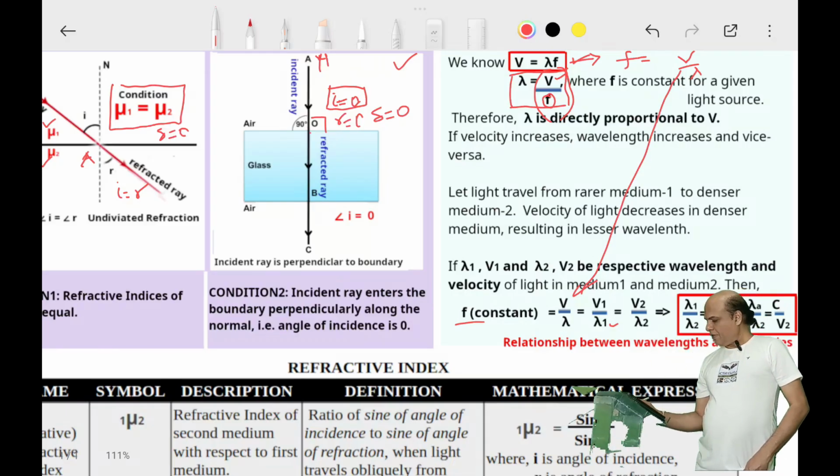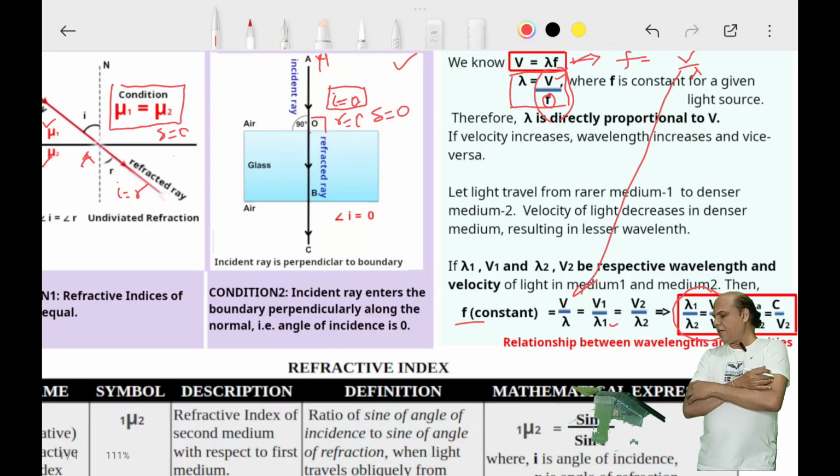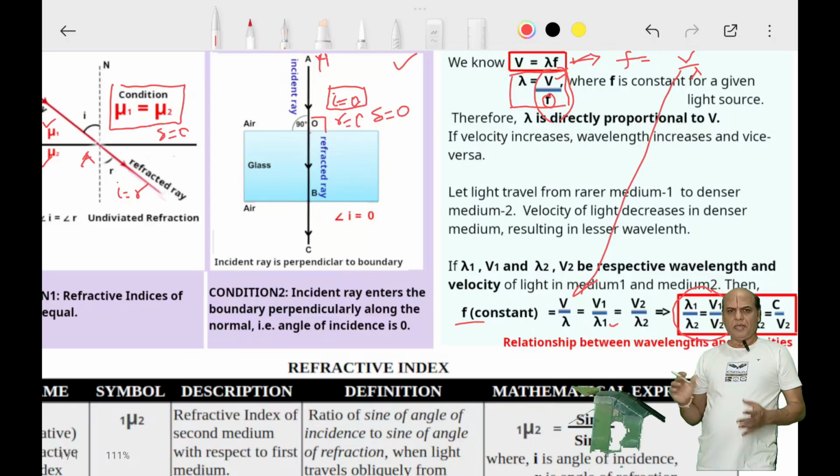If I rearrange this, lambda 1 by lambda 2, the wavelength of light in the first medium to the wavelength of light in the second medium, is equal to velocity in the first medium by velocity in the second medium. So this relationship between wavelengths and velocity of light is evident: lambda 1 by lambda 2 is equal to v1 by v2. It makes sense. They are directly proportional.